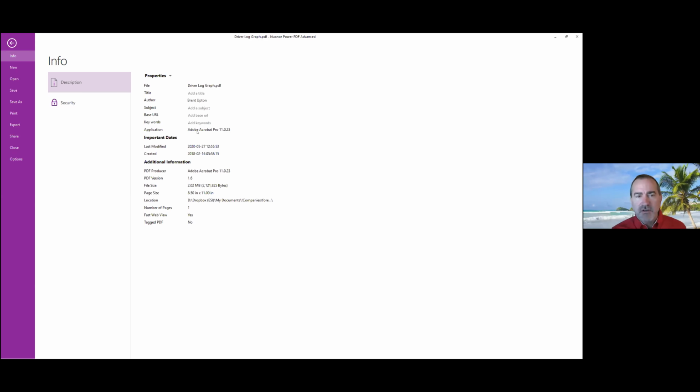Some of these other ones are pretty interesting. The application that created the original PDF document is still embedded in it, even though I have manipulated it with various programs. The original PDF program that created this was actually Adobe Acrobat Pro 11.0.23. Now it's important, and there are places to look this up, you can look at data, especially when things are backdated.